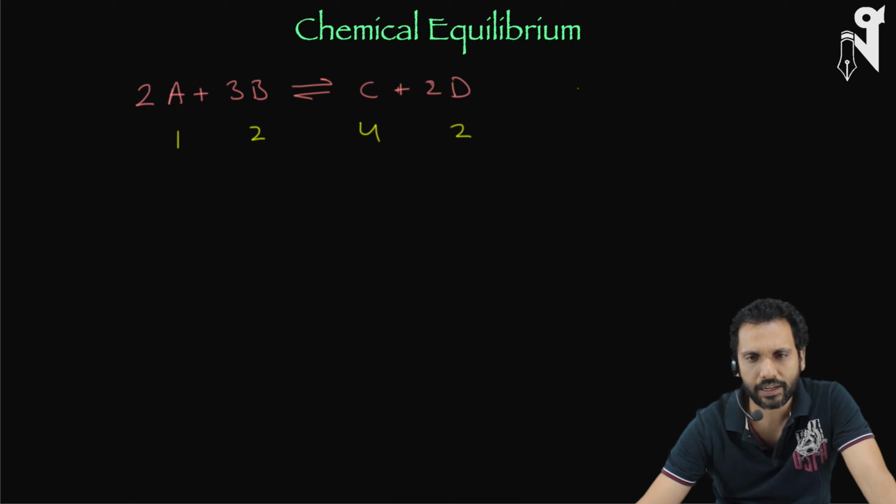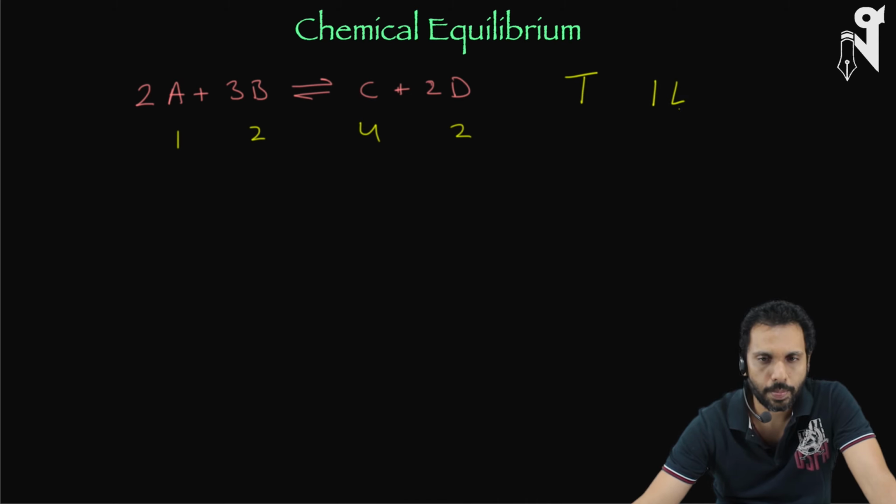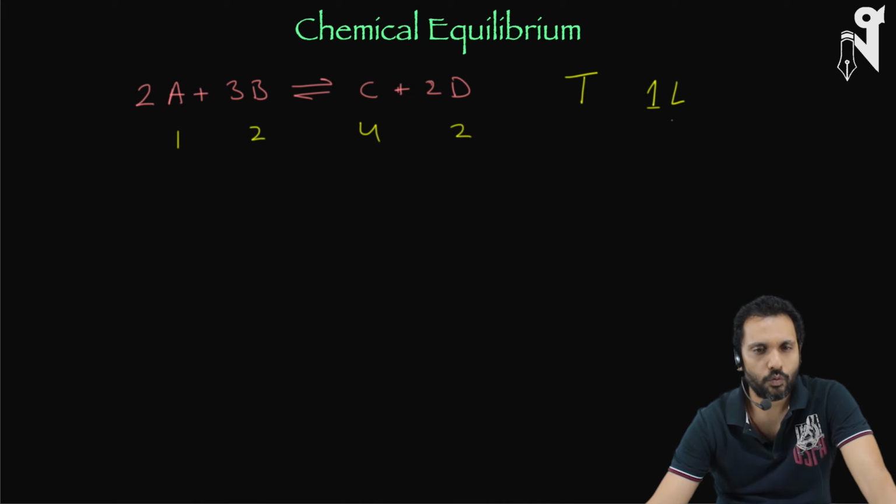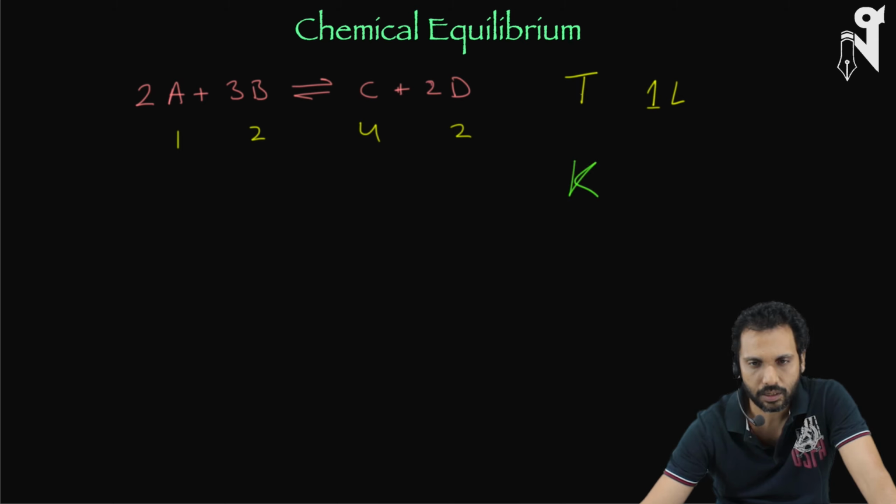Assume it is happening at temperature T. The volume of the vessel is 1 liter. So what would be the equilibrium constant for the reaction at this given temperature? What would you do?